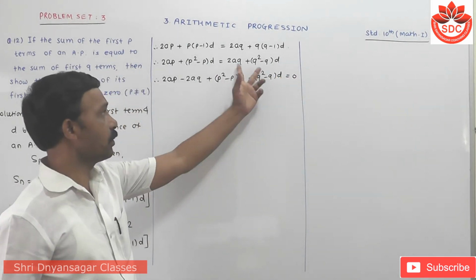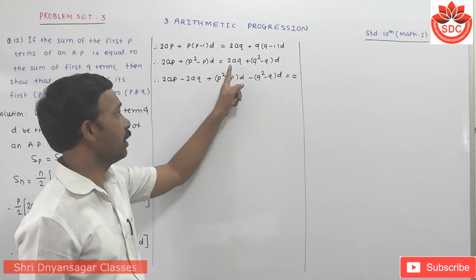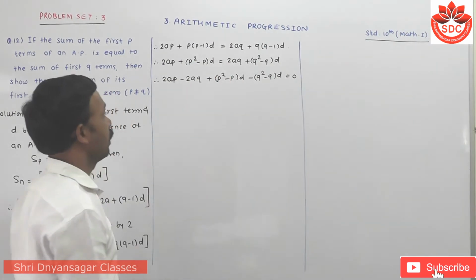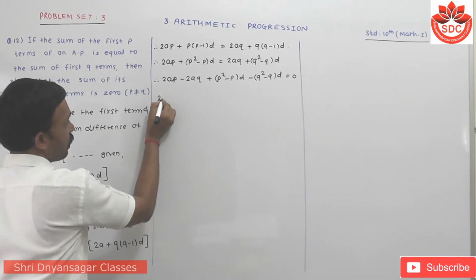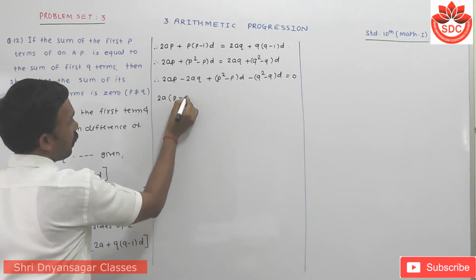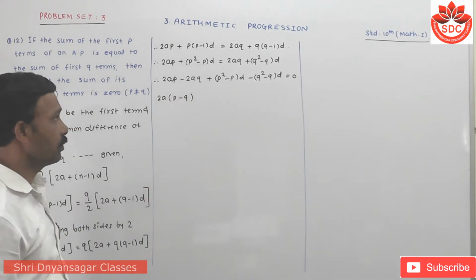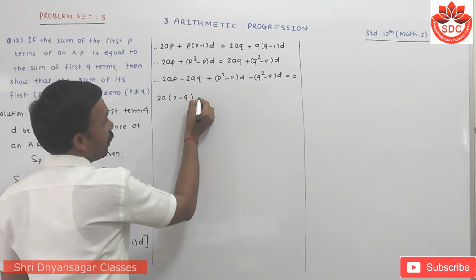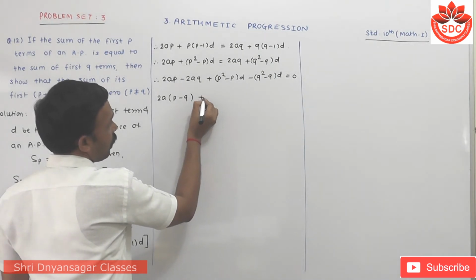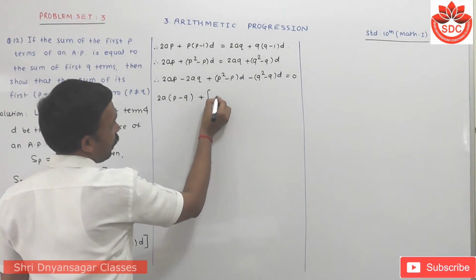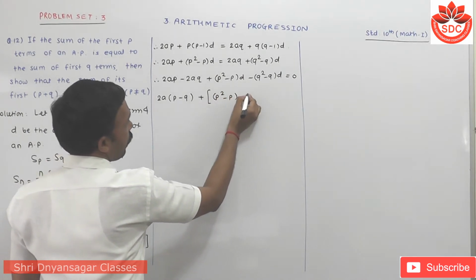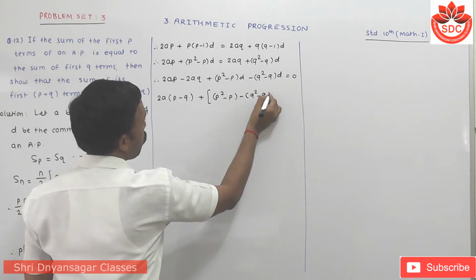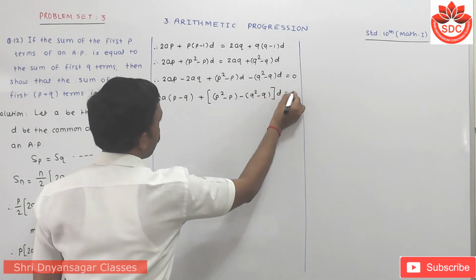Look carefully, I have to transpose this value, so plus converts to minus, and this plus also converts to minus. Then if you take common twice a, we get twice a in bracket p minus q, then plus, I have to write in this bracket such a way that p square minus p minus q square minus q into d is equal to 0.